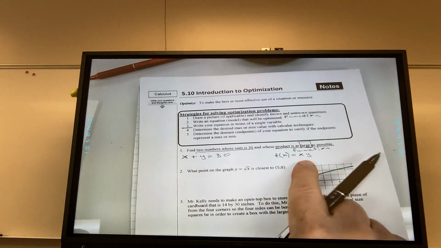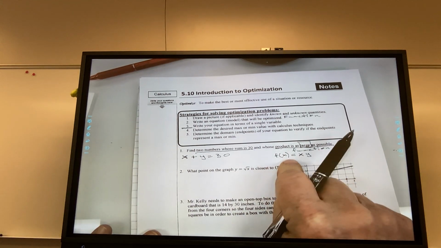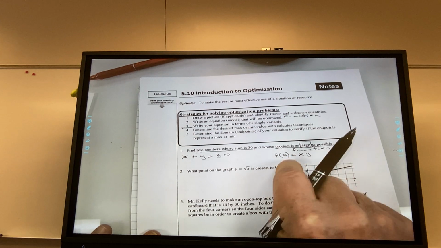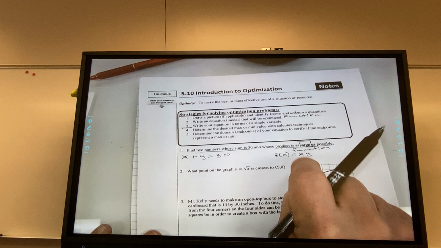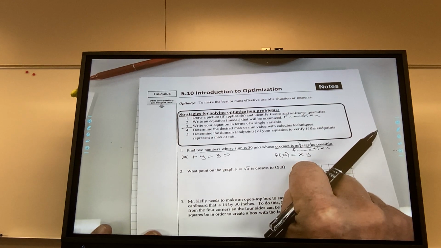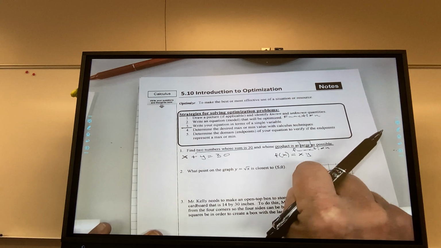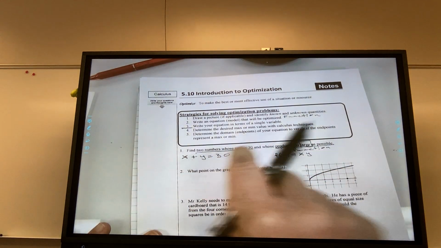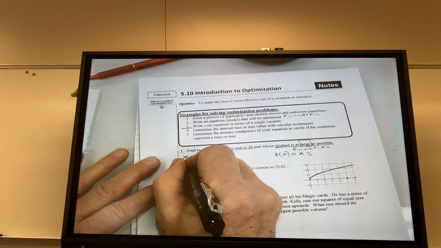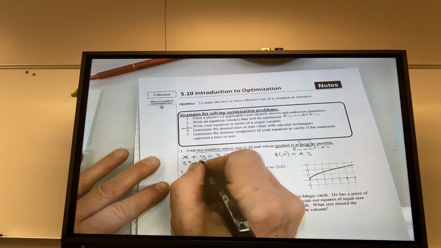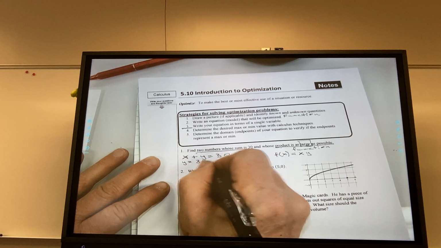Now there's a problem with this. When I write f of x, I'm saying I have to have a function that's totally in terms of x. And I've got a y in here. So I'm going to use this equation to get rid of that y. And how can I do that? Well, I can get y by itself, and this says, hey, if I subtract x, I get 30 minus x.